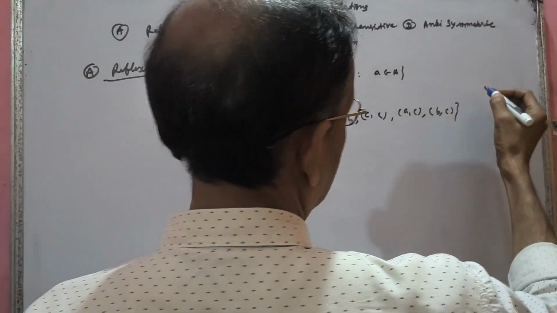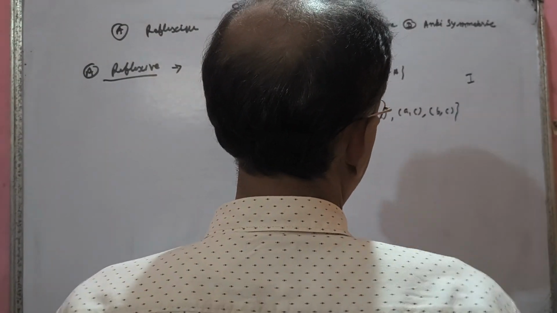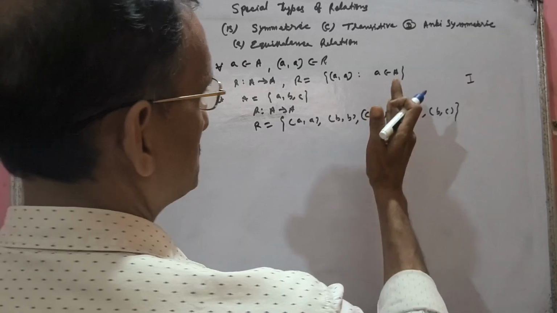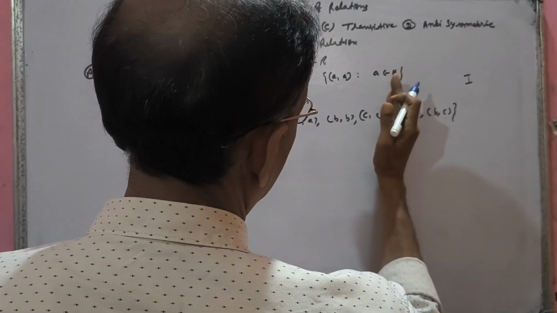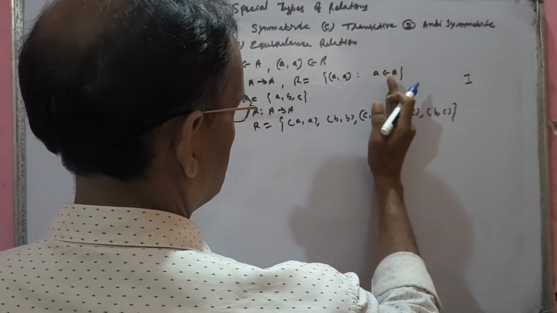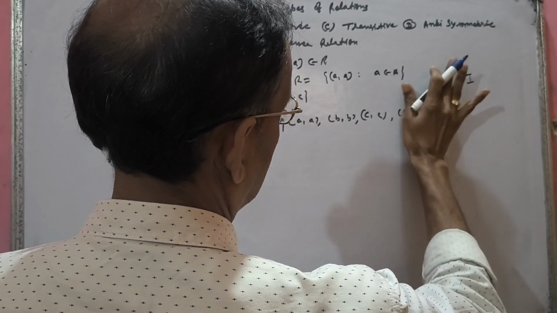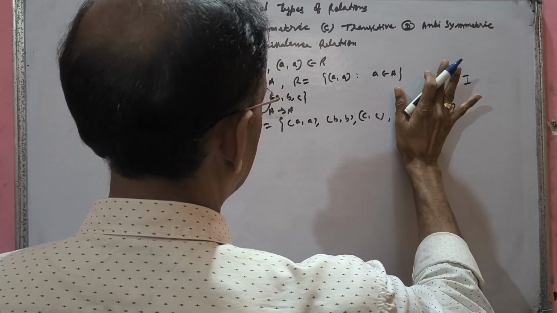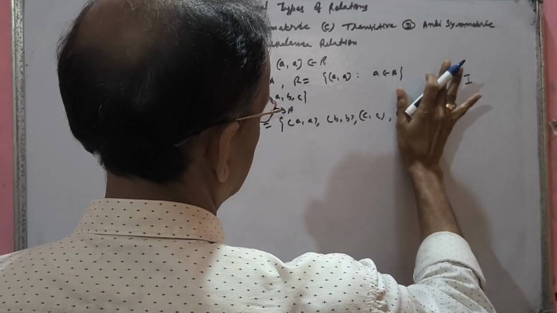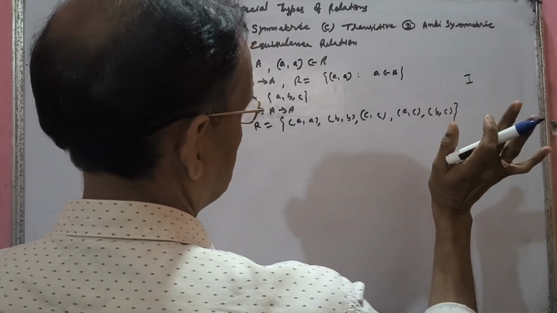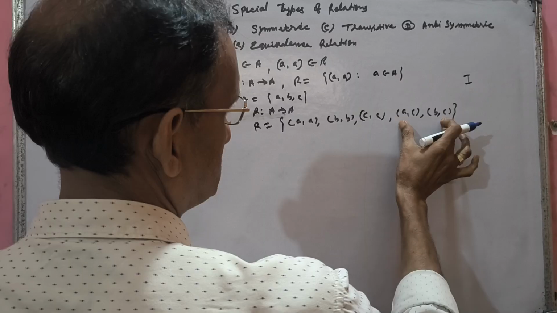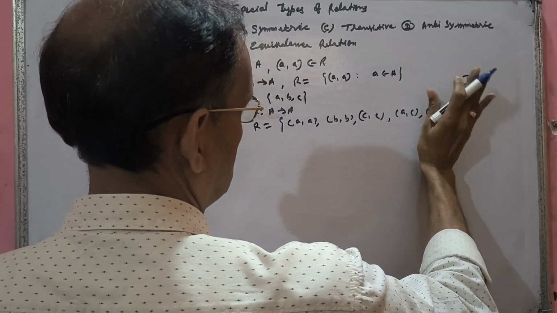Earlier I gave you the identity relation, we have discussed the identity relation. This is also the same thing, but for the identity relation, see the difference. It should be this much only, not this much, then it will be an identity relation. It will be reflexive, of course. But in identity relation, this should not be there, and this should not be there.